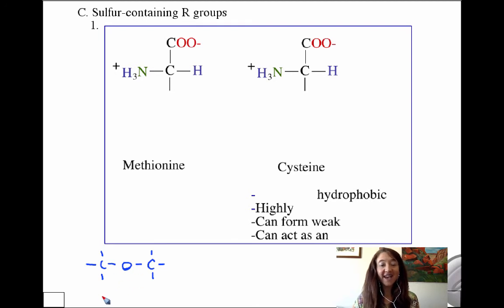If we have a thioether, then a sulfur replaces that oxygen. So a thioether would look like this. And methionine is famous for having a thioether. It actually has an R group in which we see a CH2 bonded to S, bonded to CH2, bonded to CH3. Hey, another highly hydrophobic amino acid with a thioether.